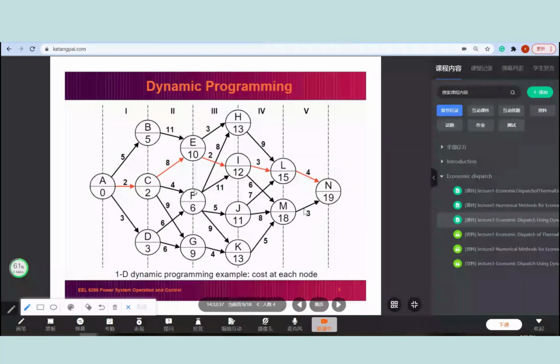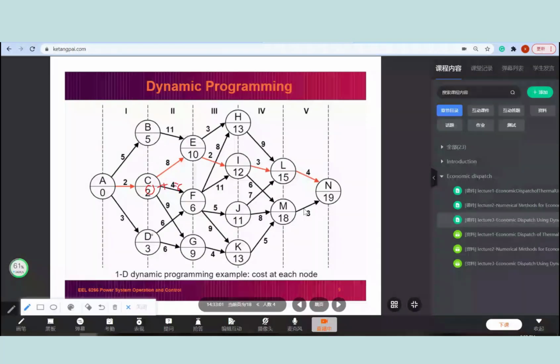if you travel to point F, this can be ACF or ADF. For ACF, the cost is this number plus this, so it's 2 plus 4 equals 6. If you read this, it will be 6.